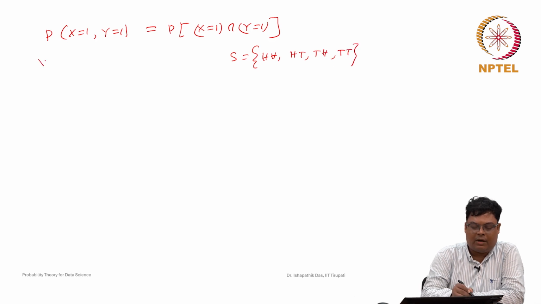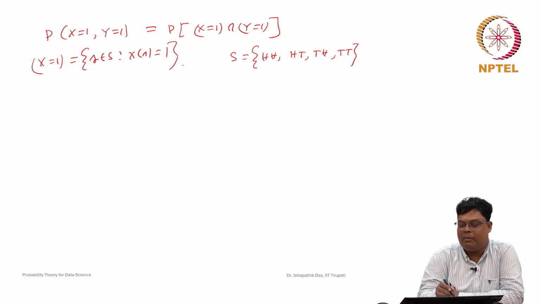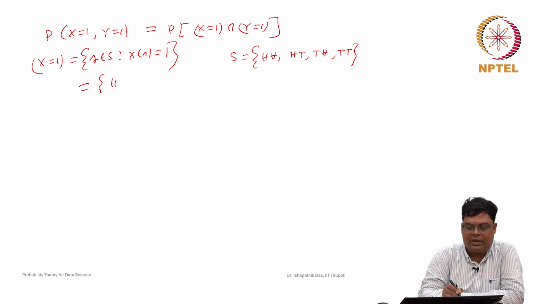So, what is x is equal to 1? It is all s belonging to S such that x of s is equal to 1. That means the number of heads will be 1, so head tail and tail head. Similarly, y is equal to 1 is all s belonging to S such that y of s is equal to 1. Because the number of tails is 1, it is head tail and tail head.